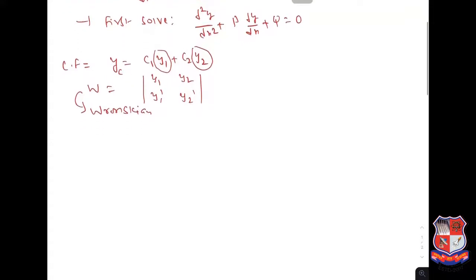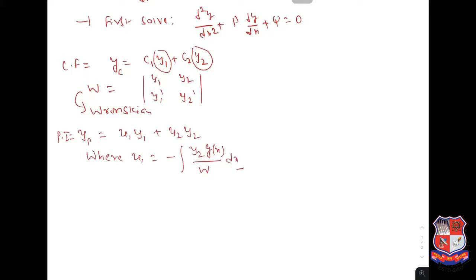And then we can find out yp by the formula u1 y1 plus u2 y2, where u1 is the integration of minus y2 g(x) over W, and u2 is the integration of y1 g(x) over W.